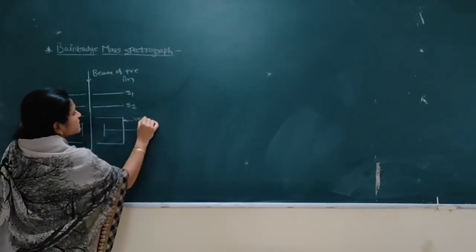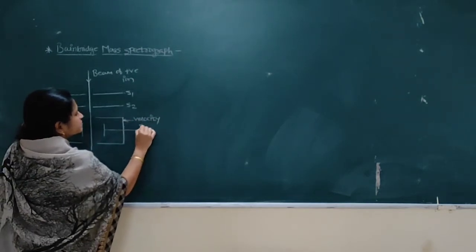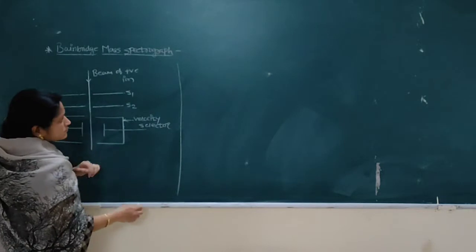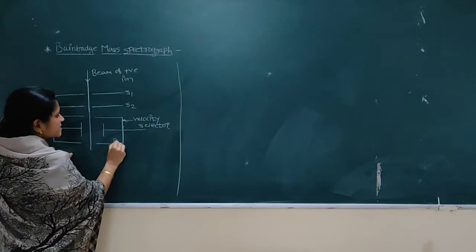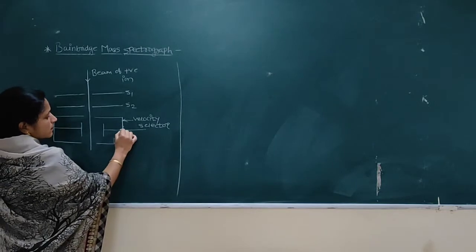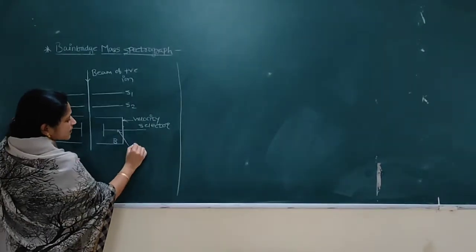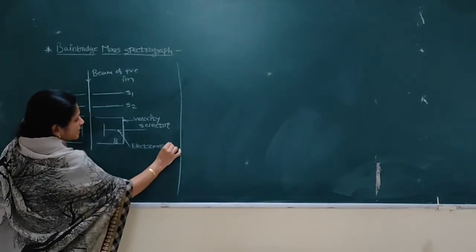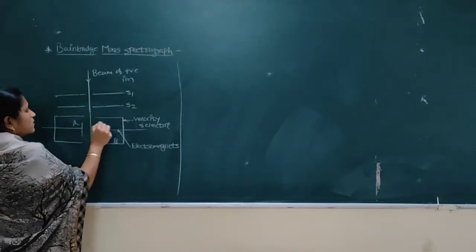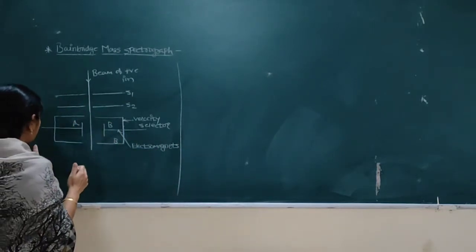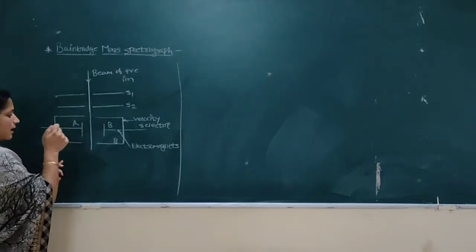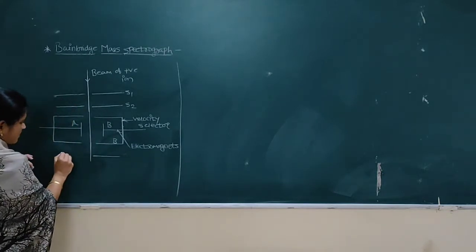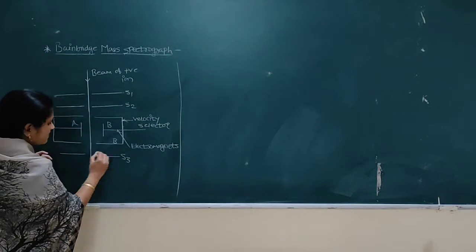Magnetic field is there. These are the electromagnets, or we can say plates A and B. Slit S3.